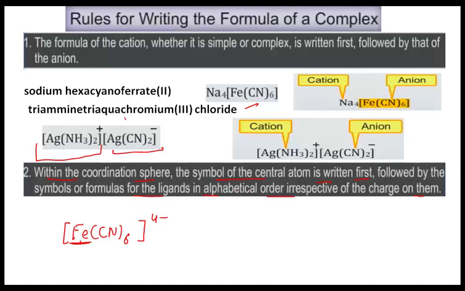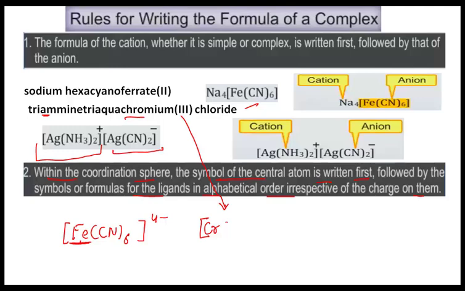For example, in this complex, it was triammine, but first of all we write the square bracket and then chromium, Cr, because it is the central metal atom. After that, triammine, it starts with A. We have to follow the alphabetical order for writing the ligands irrespective of the charge, whether it is neutral or negative. So we'll write alphabetically.